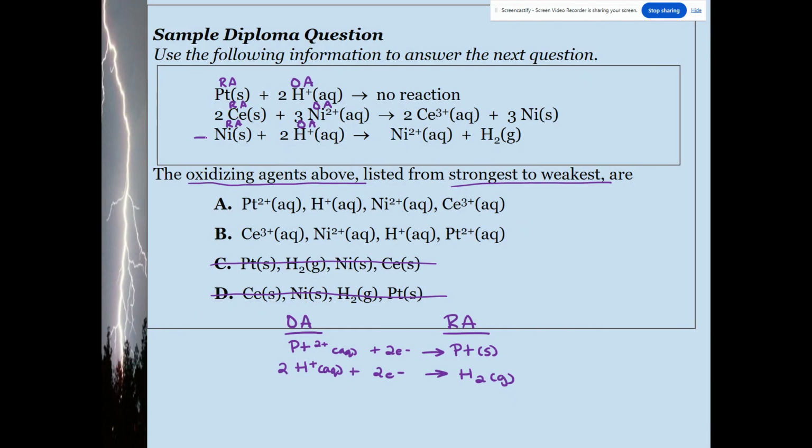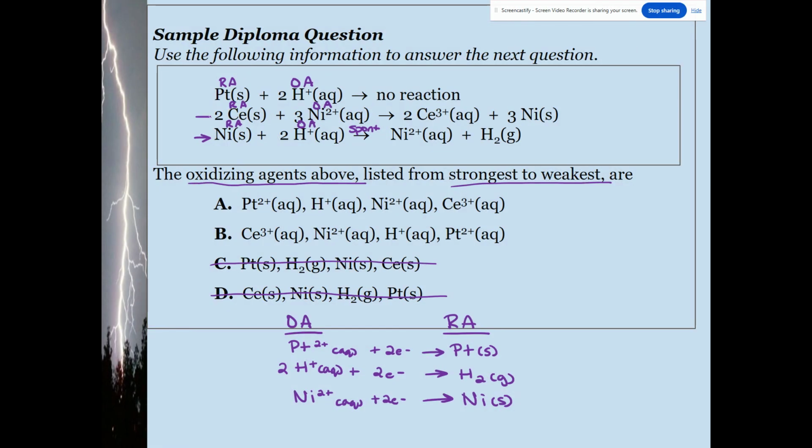If I look at the third reaction, I have hydrogen ions and nickel, okay? Hydrogen ions are making products, so they are spontaneous with nickel, which means nickel needs to be lower, right? My OA must be higher than my RA. So my nickel ions will gain 2 electrons to make nickel solid.